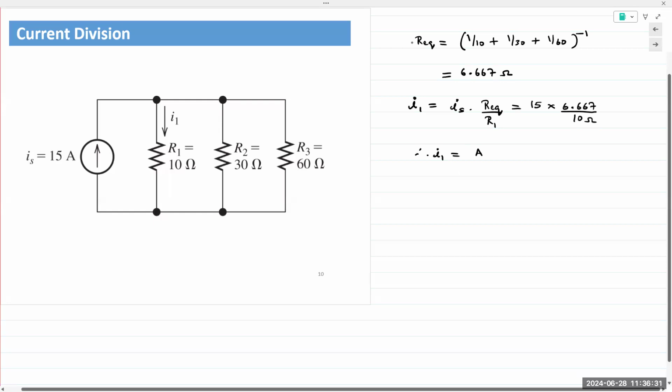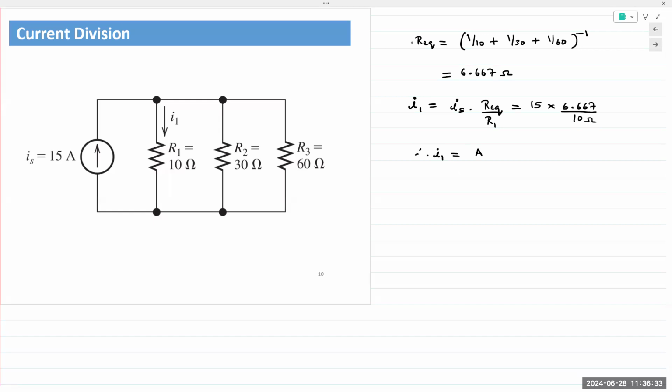What am I saying? 100 divided by 10. So 10 amps. 10 amps. And then I2 and I3 similarly would be IS times Req divided by R2. And I3 would be IS times Req divided by R3.